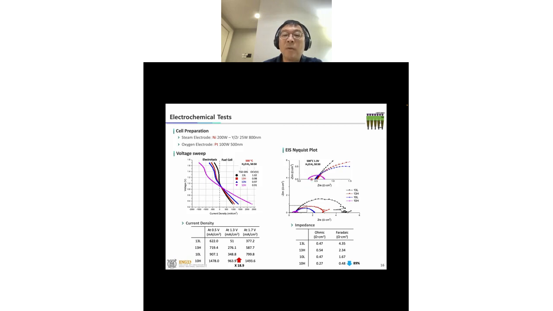So you also have good catalytic activity because you have a good interface between the catalyst and the electrolyte. So we have figured out that we can find a good condition to make a dense, good electrolyte from this experiment.